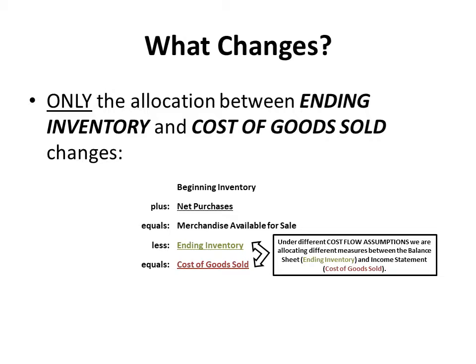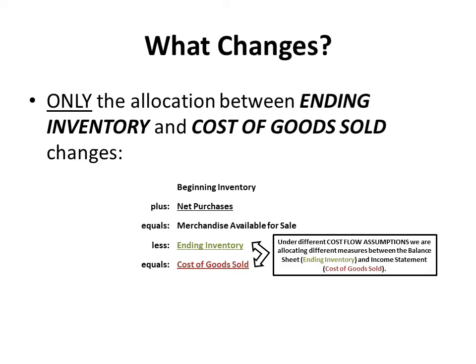Of course, specific identification, they're going to tell me which items were sold. Specific identification is used for big ticket items, things like automobile sales, an automobile retailer. Under the first in, first out assumption, I am going to assume the first items purchased are the first items sold.